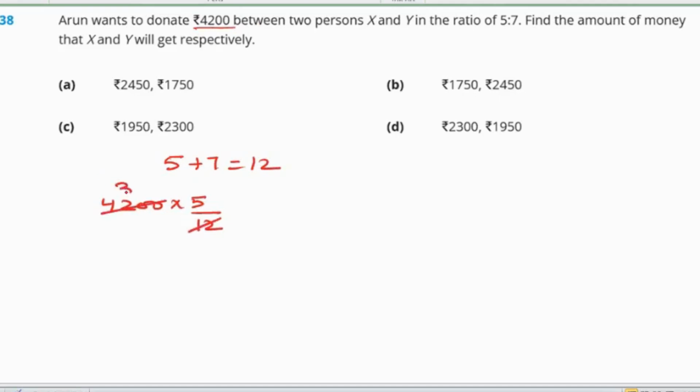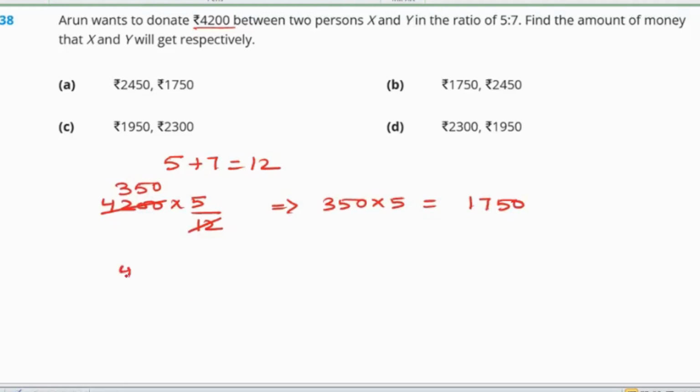So 12 3s are 36, 12 5s are 60, 350 times. Okay, so 350 times 5, if we do that, we will be getting 1,750.